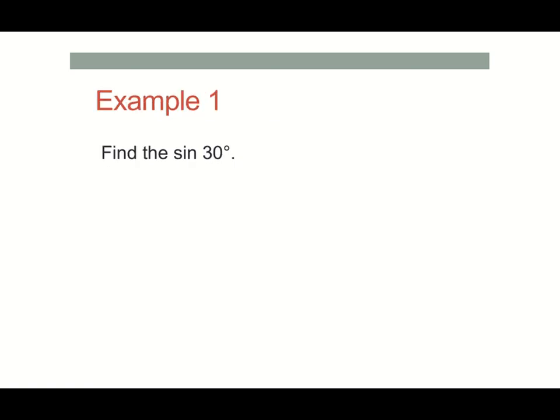So how do we use this? Well, find the sine of 30 degrees. Let's draw our 30-60-90 degree triangle. I have 30, I have 60, across from 30 is 1, across from 60 is root 3, and our hypotenuse is 2. So I want the sine of 30.